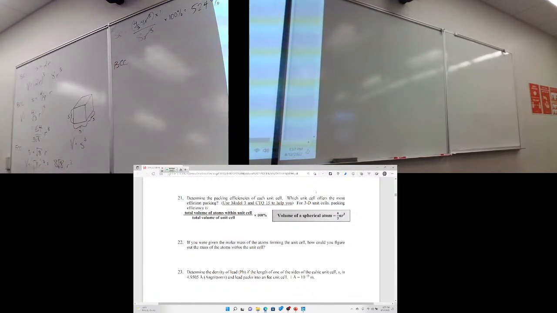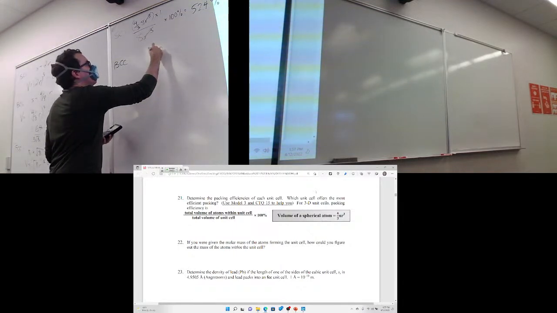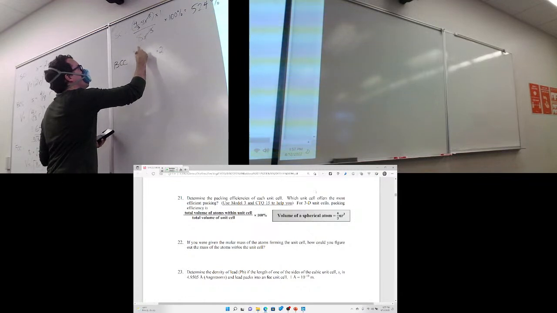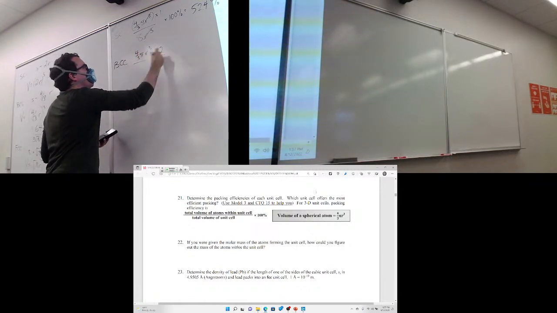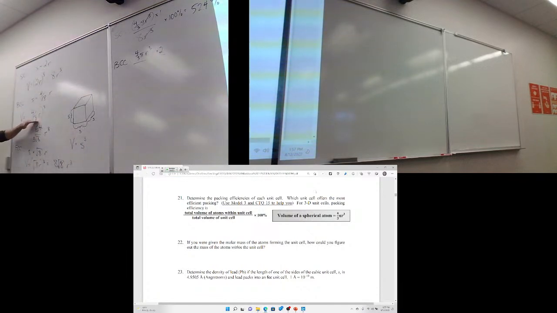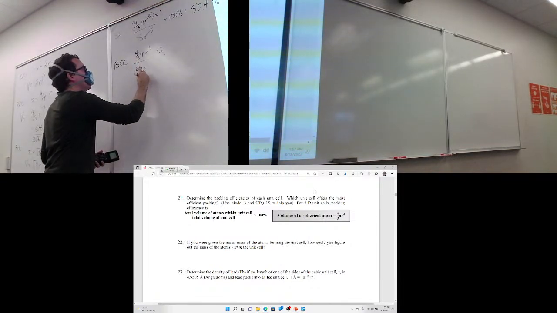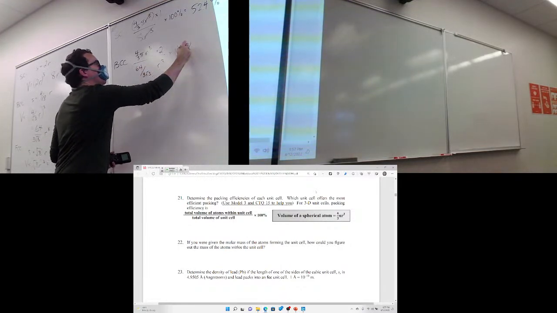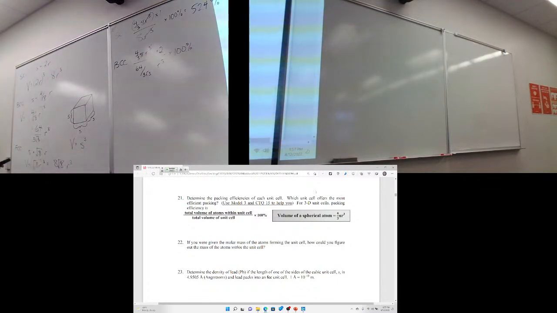All right, well, how many atoms are inside body center cubic? There's 2, so 2 times the 4/3 pi r cubed volume of a sphere. And the unit cell volume is right here, 4 over radical 3, no, sorry, 64 over 3 radical 3 r cubed. So, times 100%. This goes away. And we've got a little bit of a mess, but 4 over 3 times pi times 2 divided by 64.